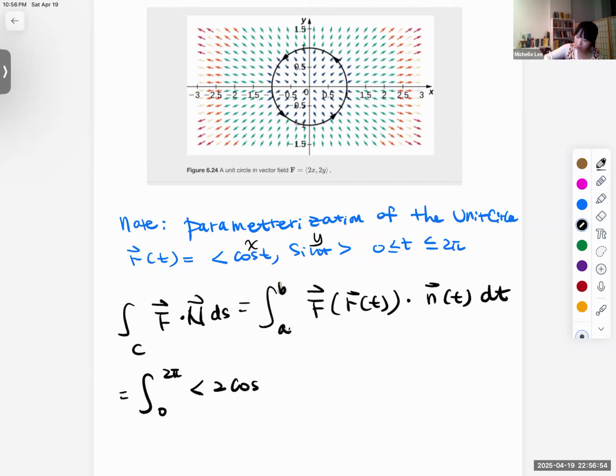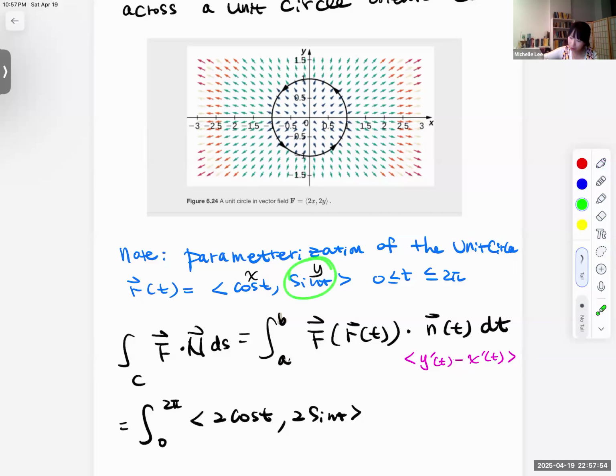Then for the normal, we have y prime of t and minus x prime of t. So y prime is cosine t, and x prime of t is negative sine t, but we have a negative, so it's positive sine t.